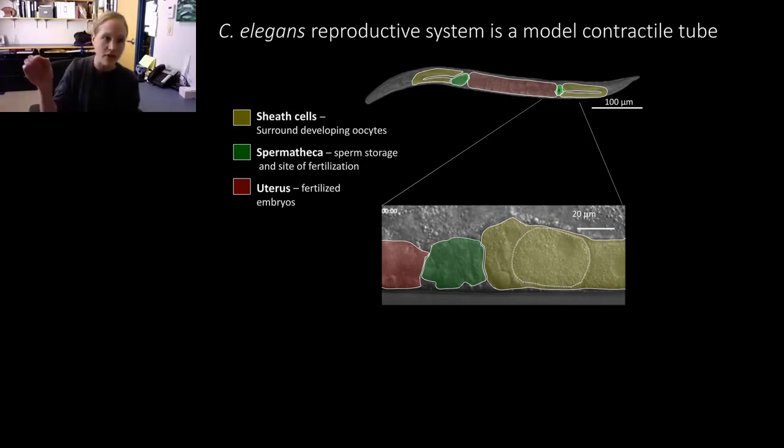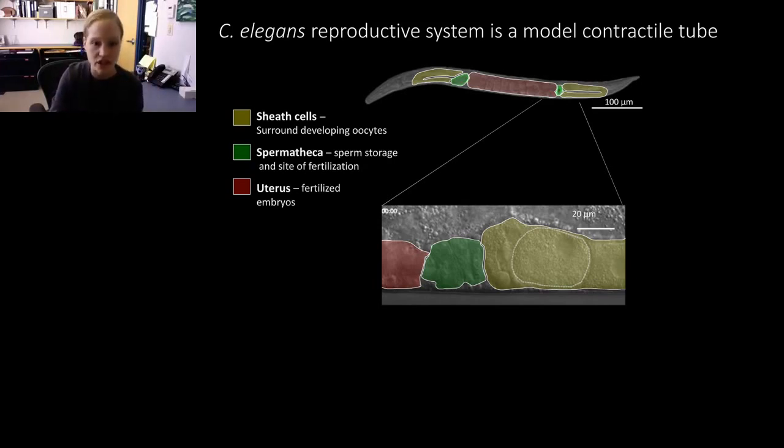As they come around the bend, shown in that yellow loop, they mature. And then once they are ready, sheath cell contractions, the tissue shown in yellow, push the oocyte into the spermatheca. The spermatheca is stretched, the embryo becomes fertilized, and then is expelled into the uterus.